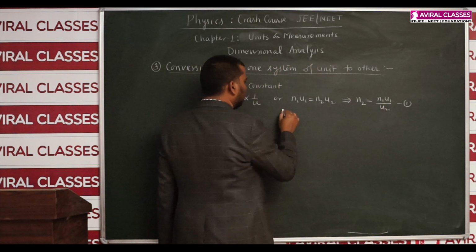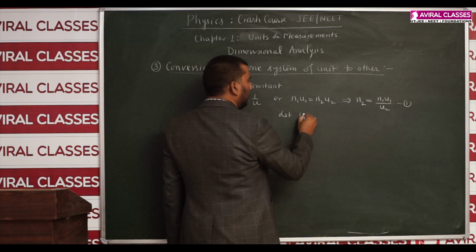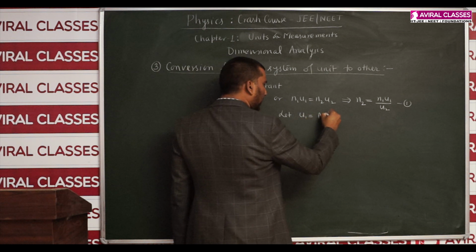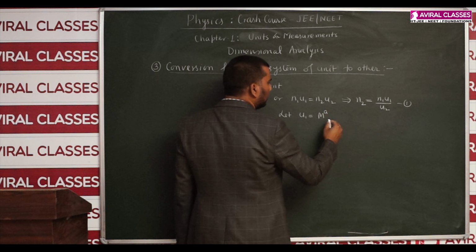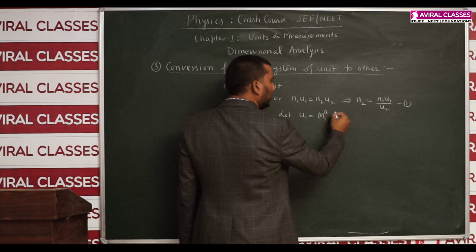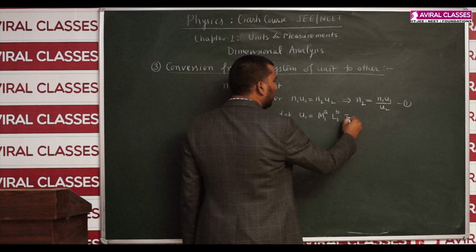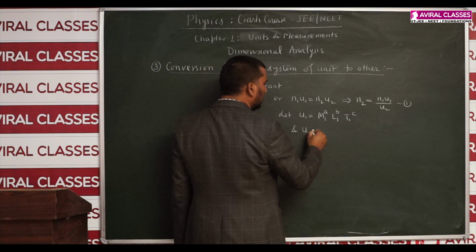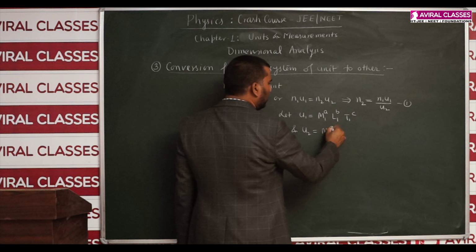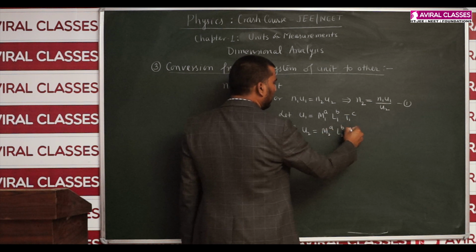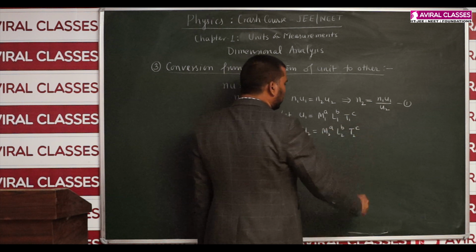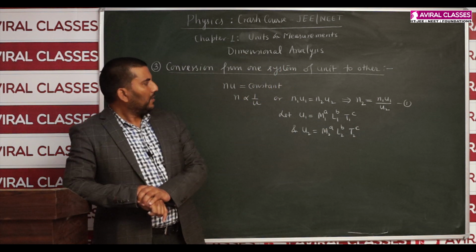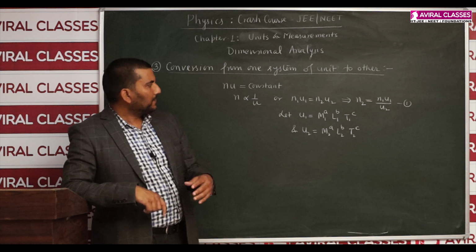Let unit in one system be m1 to the power a, l1 to the power b, t1 to the power c, and in second system it is m2 to the power a, l2 to the power b, t2 to the power c. Why are these powers same?